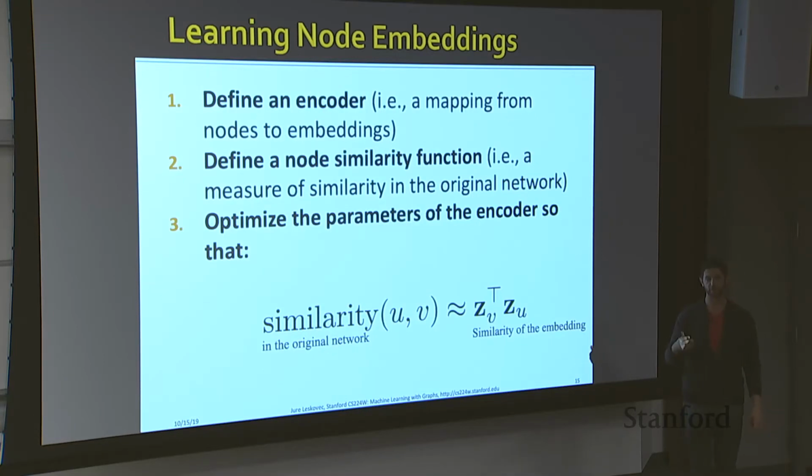Some models also try to optimize these aspects, so that they try to have as much distance as possible between the dissimilar nodes. And we're going to be seeing a model today that does exactly that. In the loss function, it will encode both the fact that similar nodes should be close to each other and the dissimilar ones should be as far as possible. But it's all up to you, how you define your loss function. Thanks, good question. Anything else?